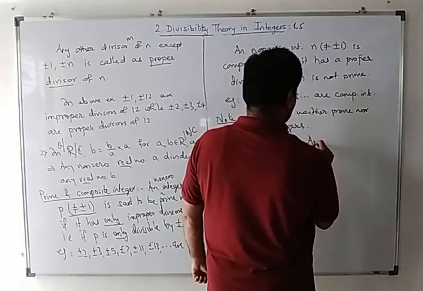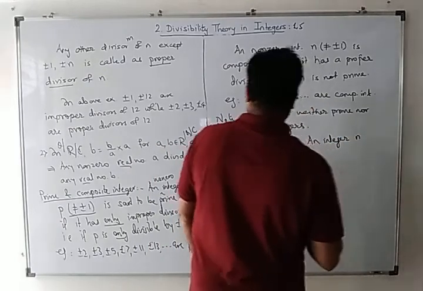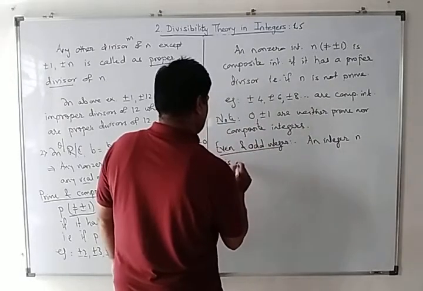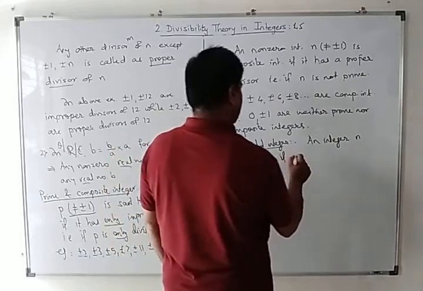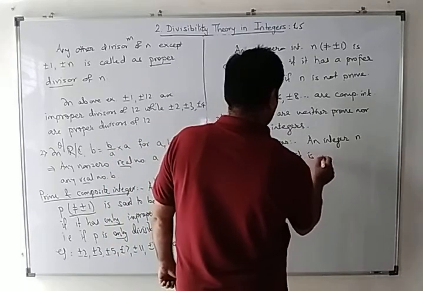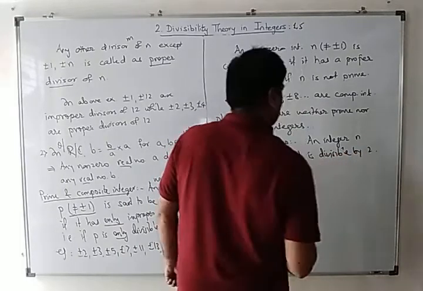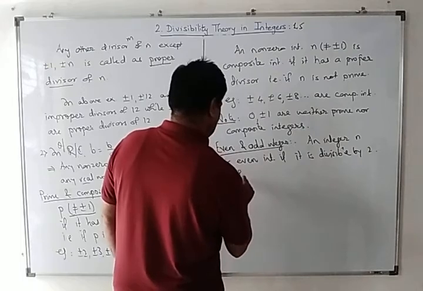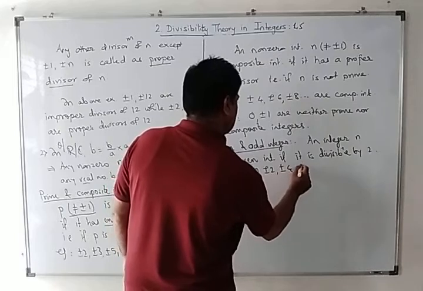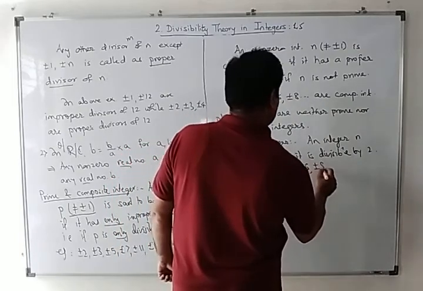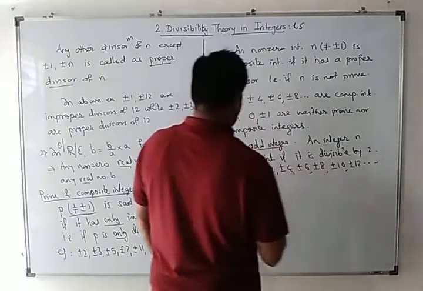An integer n is an even integer if it is divisible by 2. Example: 0, plus minus 2, plus minus 4, plus minus 6, plus minus 8, plus minus 10, plus minus 12 and so on are even integers.